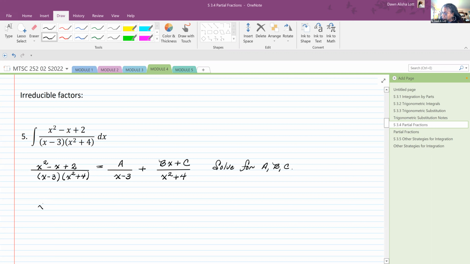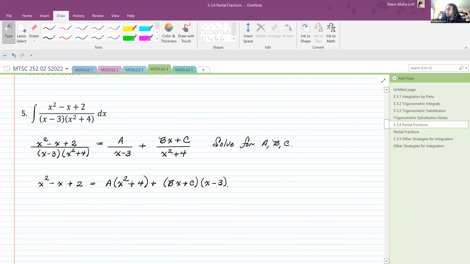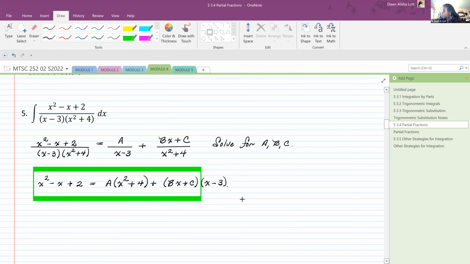So that gives us x squared minus x plus 2 is equal to A times x squared plus 4 plus Bx plus C times x minus 3. Okay, any questions about that? So that is our major equation. And we use that to solve for A, B, and C.